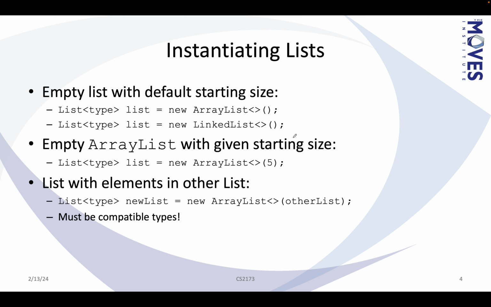So this is all review, but just to remind, we can declare our list to be of a certain type, and then instantiate it, in this case, as one of the two types that we have out of the box.